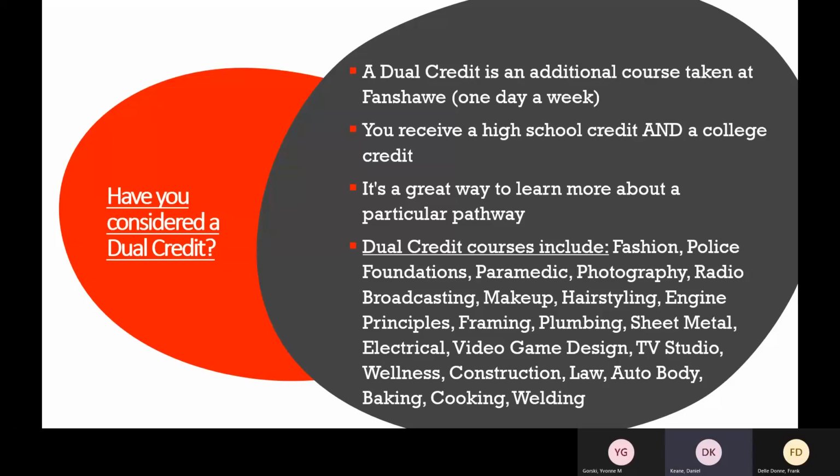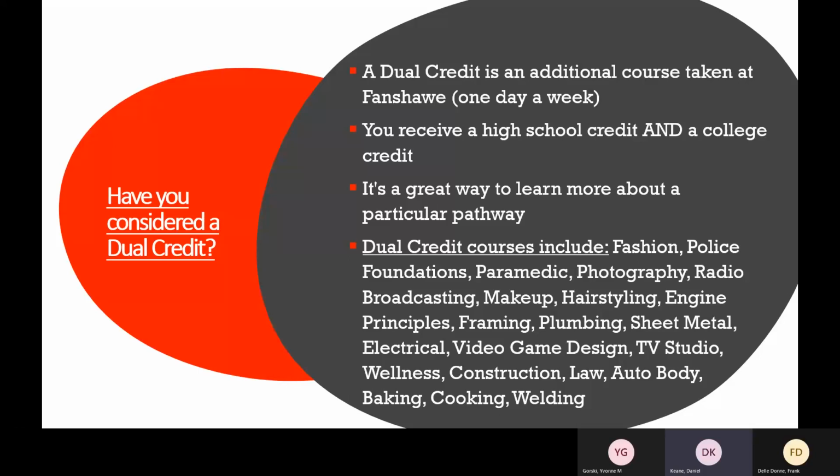Dual credits are credits that are done at Fanshawe College, and the dual aspect of them is that you get a credit both for Fanshawe and for high school that you can use towards your OSSD. It's a fantastic way to learn about various things that may be of interest to you that we're not able to offer at high school.